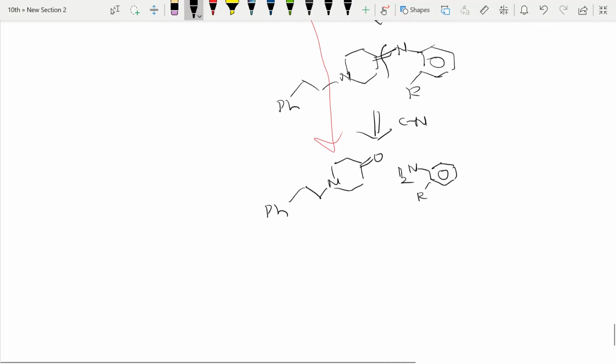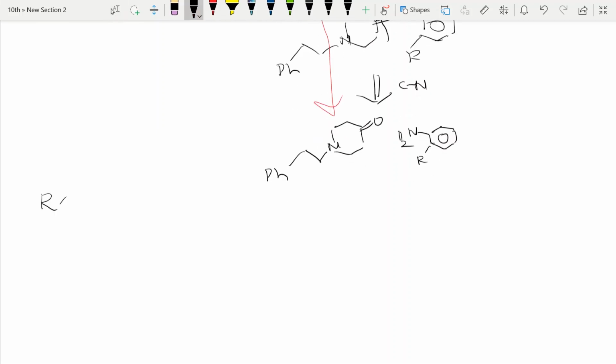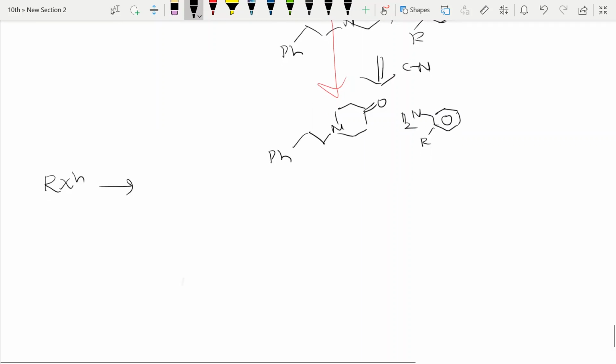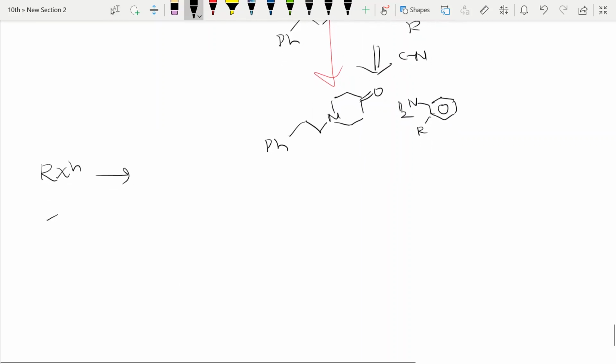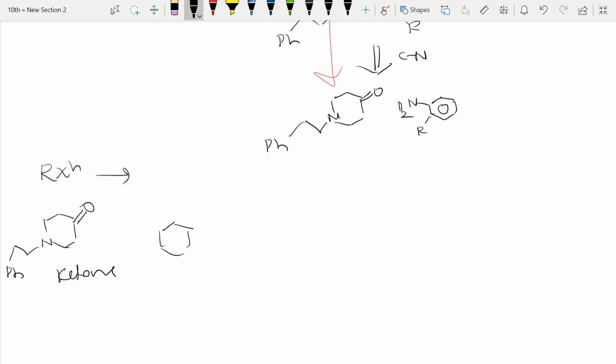So let us see the reaction. For the reaction I am going to use this arrow. The one which is retrosynthetically cleaved last will be the first one I am going to take, right? So this is some kind of ketone, and here I have cleaved like this last.